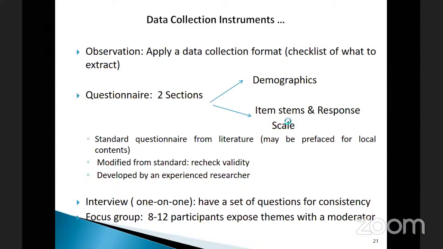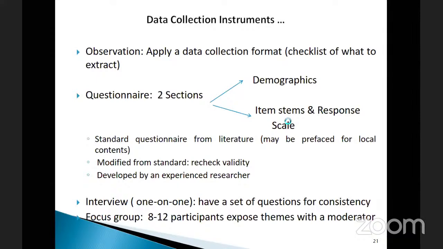The item stems are the questions, and the response scale tells you how you want them to answer the questions. Would they be saying yes or no? Will they be choosing options? Will it be strongly agree, agree, not sure, disagree, strongly disagree? That's what we mean by the response scale.